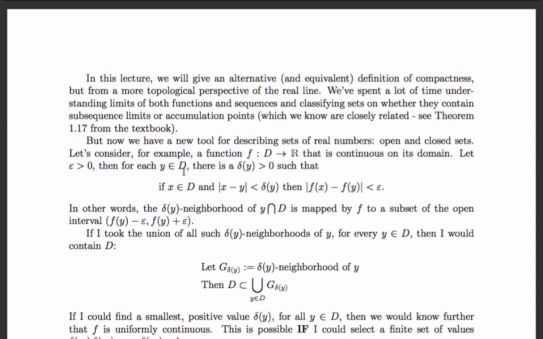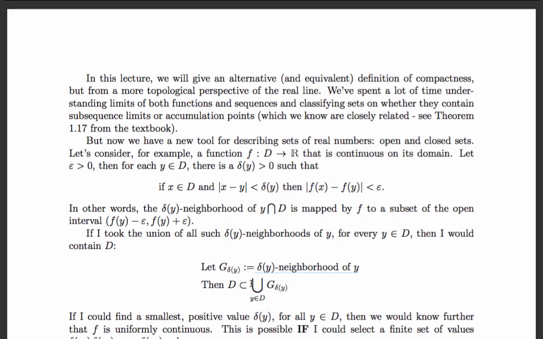So let's let G_delta(y) be just a name for the delta y neighborhood of y, because that's a bit of a mouthful. And let's consider the union of all of these open neighborhoods. Now, since every neighborhood contains y, and I'm taking the union for every y in the domain, the domain is contained inside the union of all G(y) for all y in D.